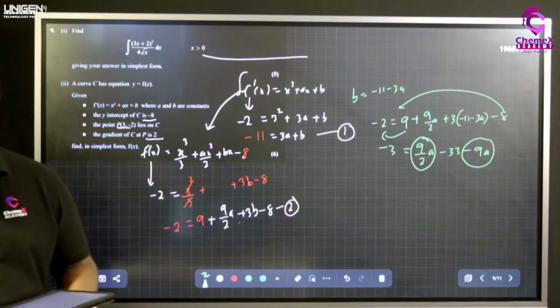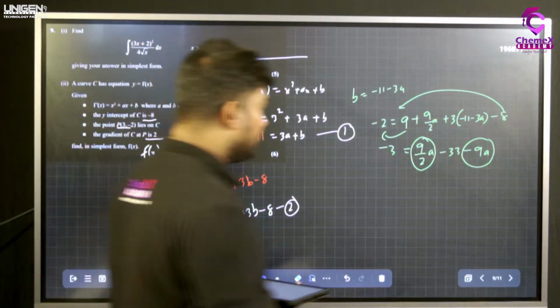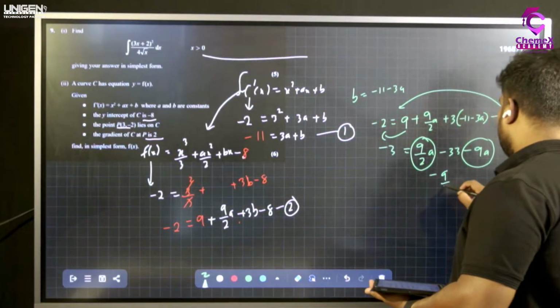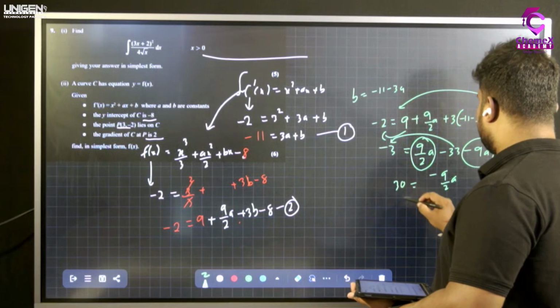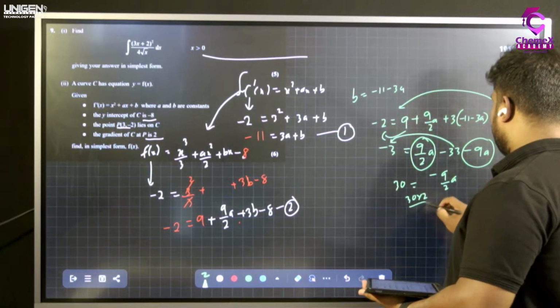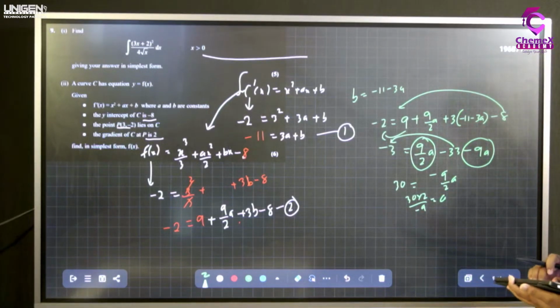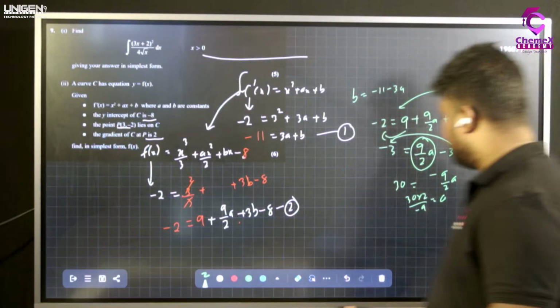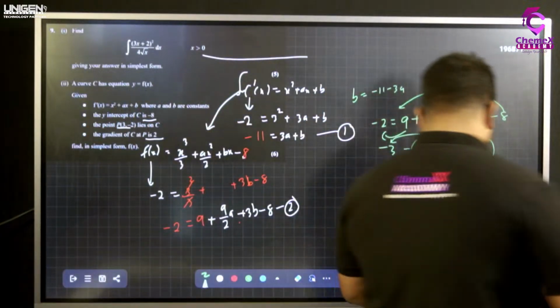What is it? 9 over 2a equals 30. So 30 into 2 divided by minus 9 equals 8. So what? 60 divided by 9. There's a mistake somewhere. How do you get this? Oh, okay.